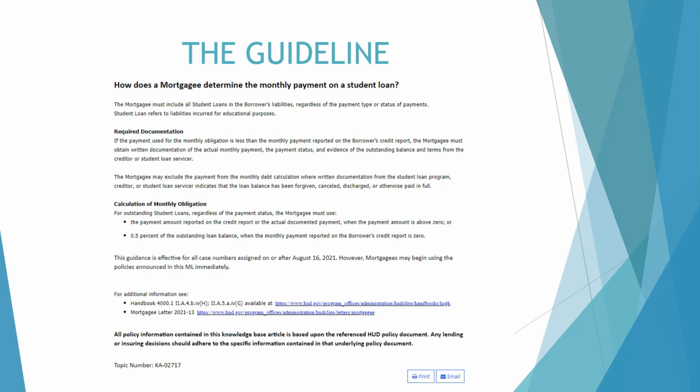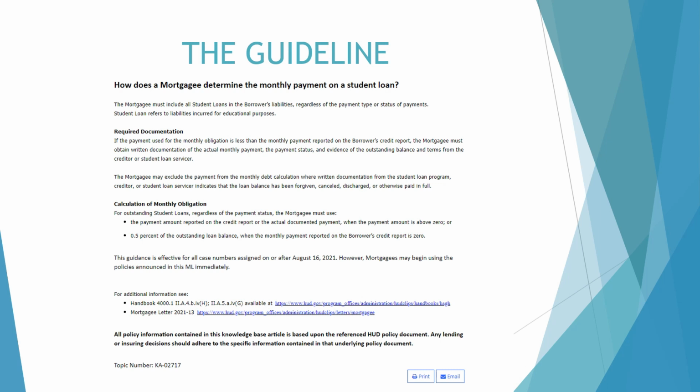Let's get into calculation of the monthly obligation. For outstanding student loans, regardless of the payment status, the mortgagee must use the payment amount reported on the credit report or the actual documented payment when the payment amount is above 0. This is very, very important. When the payment amount is above 0.